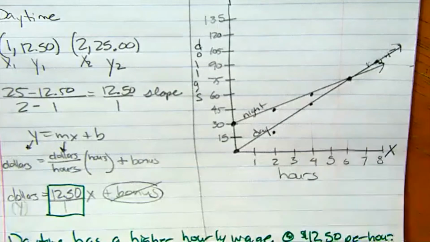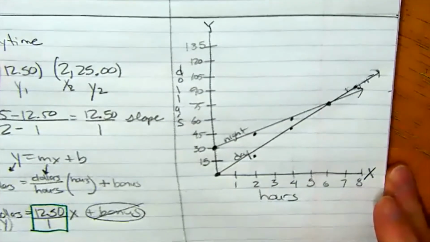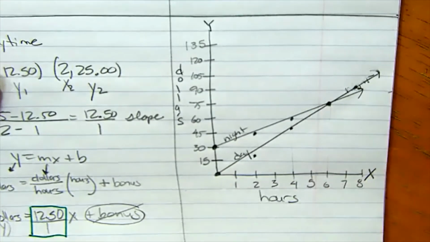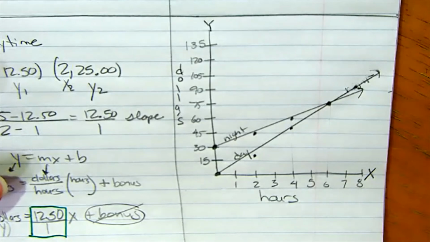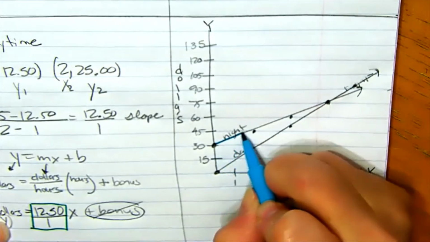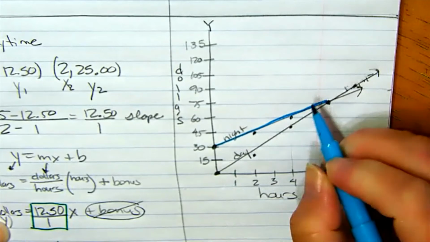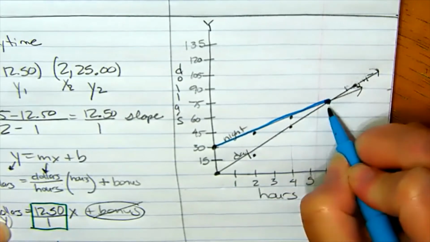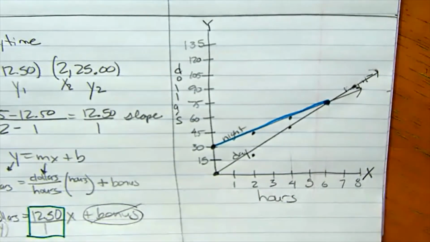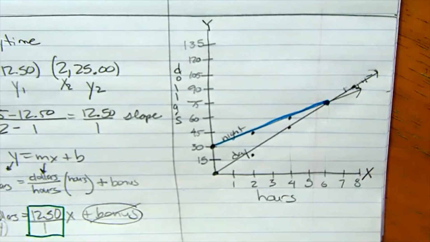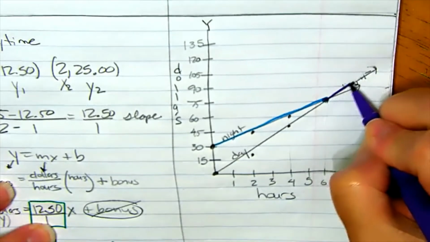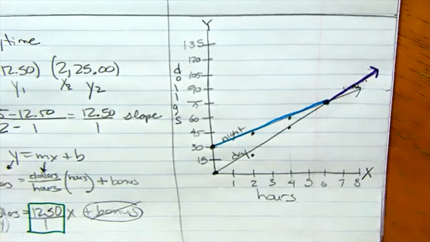Okay, so what is this graph telling me? Well, this graph is telling me that the nighttime employees make more money until the 6th hour. Then at the 6th hour, the daytime employees make more money.